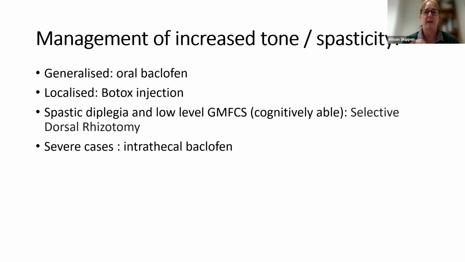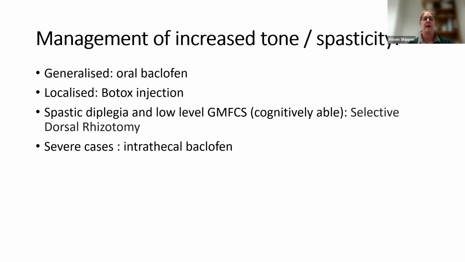If it was just an isolated right upper limb that was particularly affected, then you could have Botox into, let's say, the elbow, so that the muscle groups would allow the arm to relax, so that the arm wouldn't feel so tight and painful when it's contracted. Botox only lasts for 3 or 4 months, and then would need repeat injections. So that's one negative side of it, because it's another attendance to hospital.